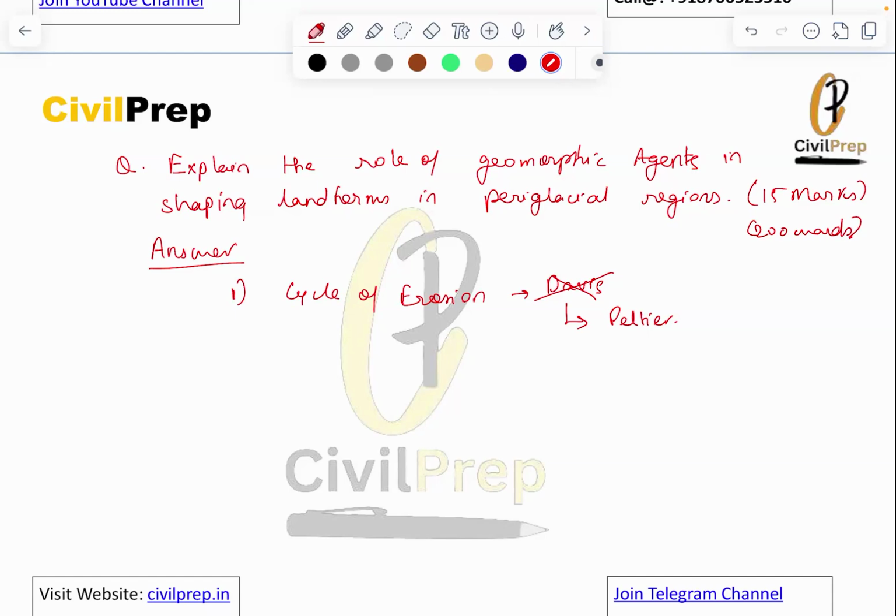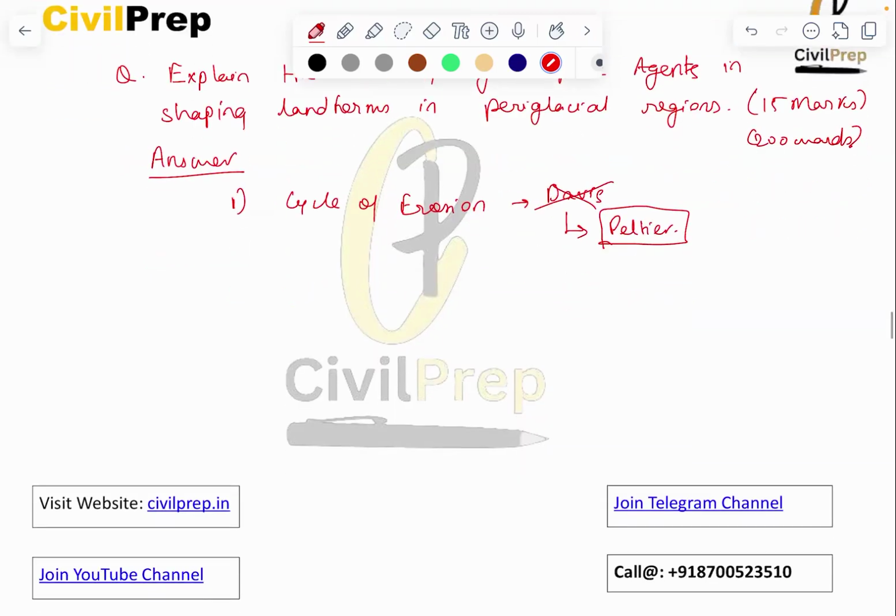But a few of his students who were researching the cycle of erosion saw that this cycle is applied differently over periglacial landforms. Therefore, Peltier came out with the cycle of erosion of the periglacial region. So this is also called the periglacial cycle of erosion.